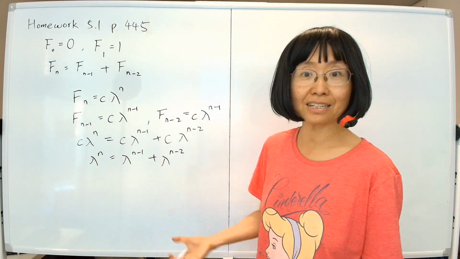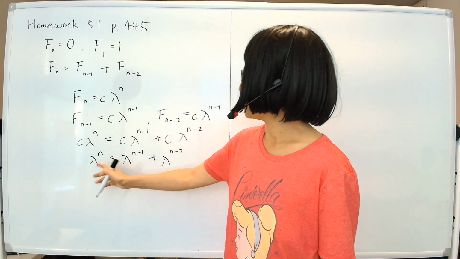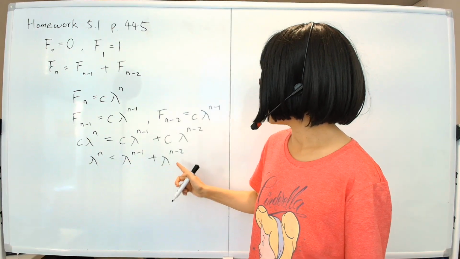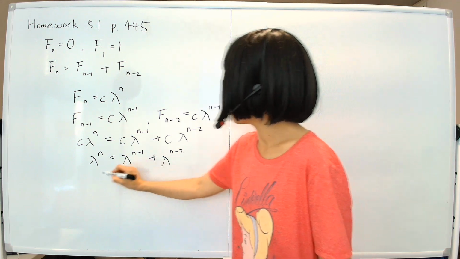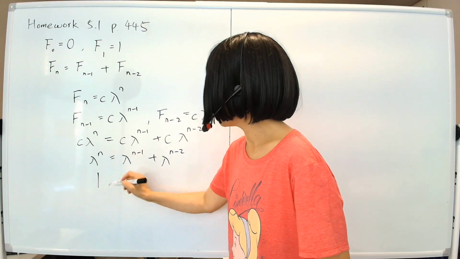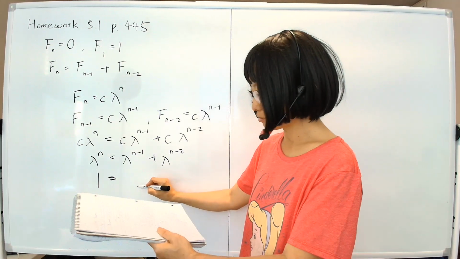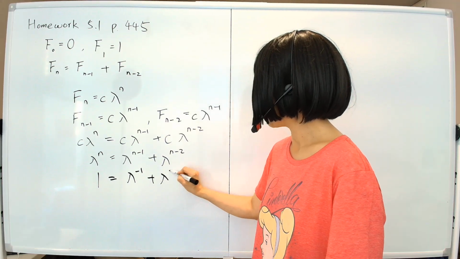Somehow my brain says lambda, so we'll just go with that for now. But anyway, we'll divide it out. We get 1 equal to lambda to the power minus 1 plus lambda to the power minus 2.